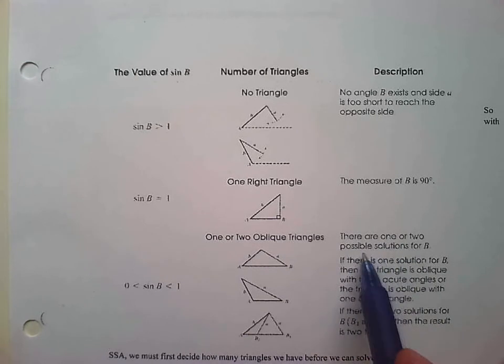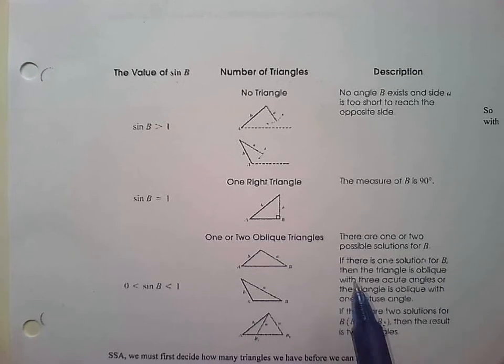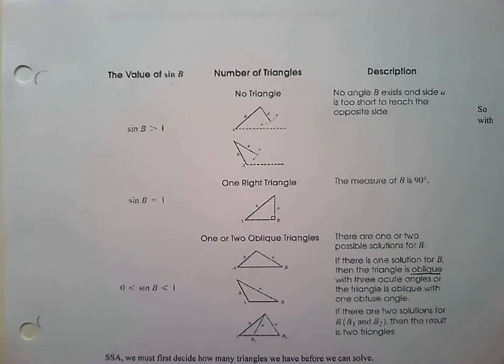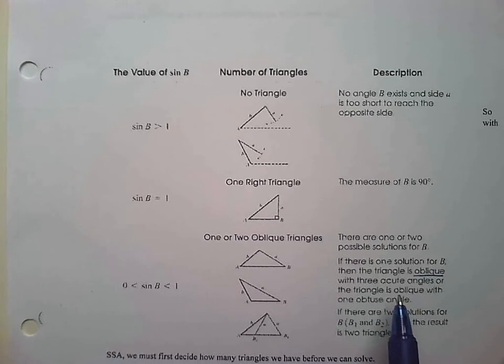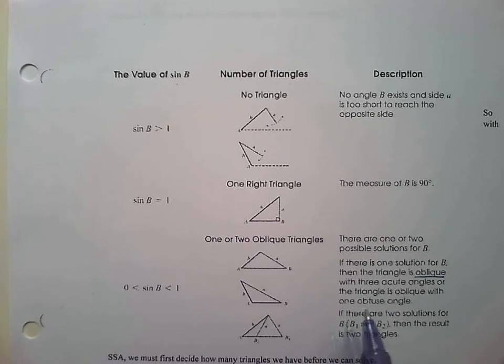There are one or two possible solutions for B. If there is one solution for B, then the triangle is oblique with 3 acute angles. What does it mean to have acute angles? It simply means that the angles are less than 90 degrees. So all angles are less than 90 degrees.